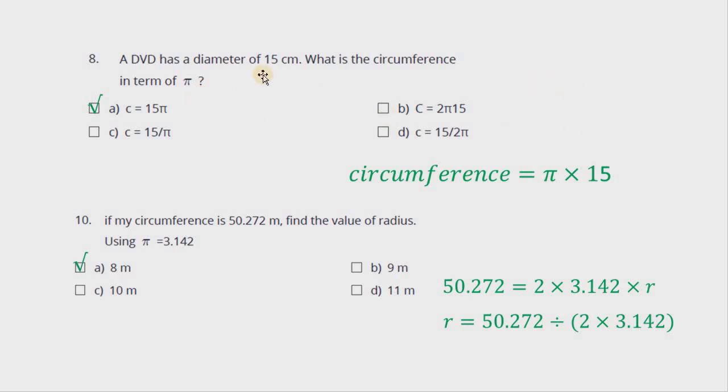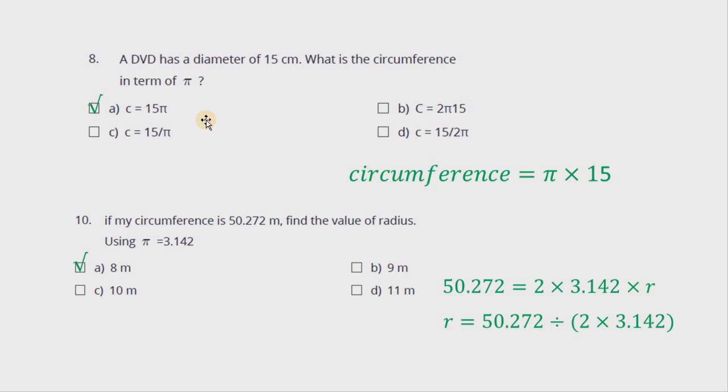Here the diameter is given, 15 centimeters, so I'm using the formula pi d. 15 times pi, I get 15 pi. That's why the answer for number 8 is A: circumference equals 15 pi.